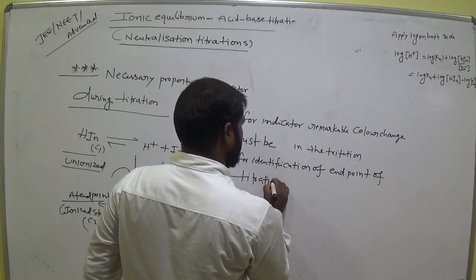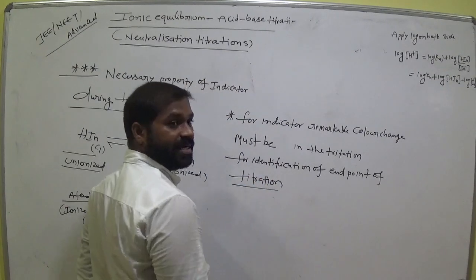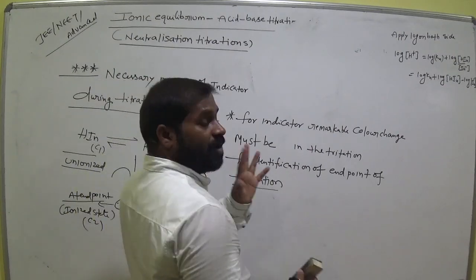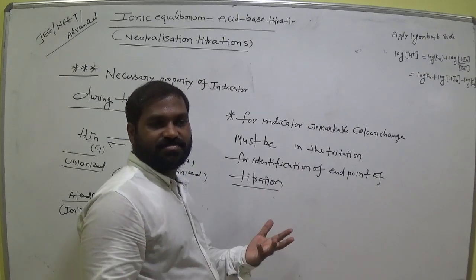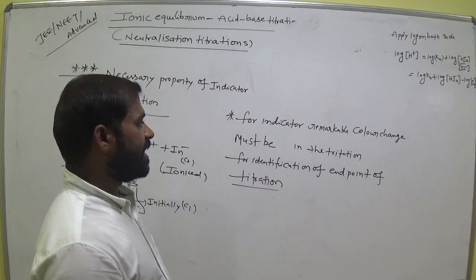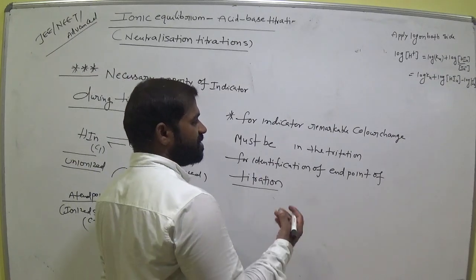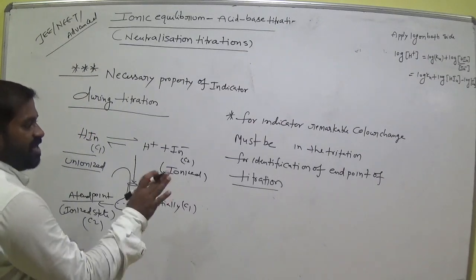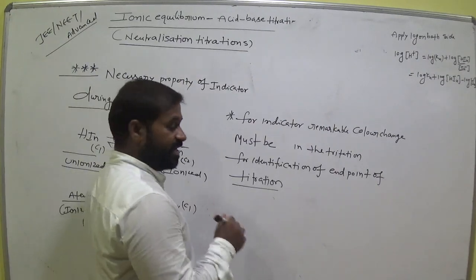End point of titration means where the reaction is exactly completed, or neutralized. So how can we identify it? By the color change. So color difference is a must. That is one of the characteristic properties of an indicator.